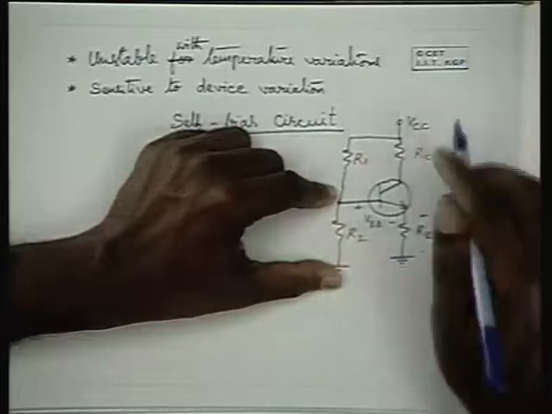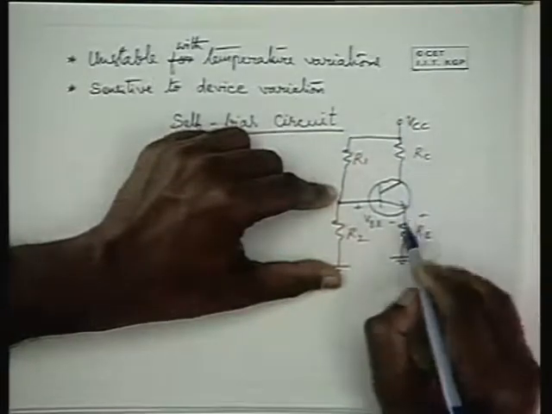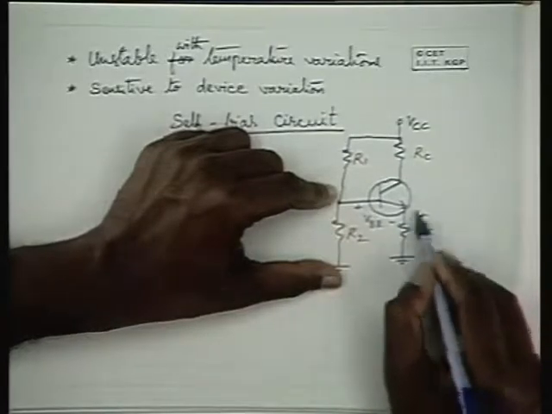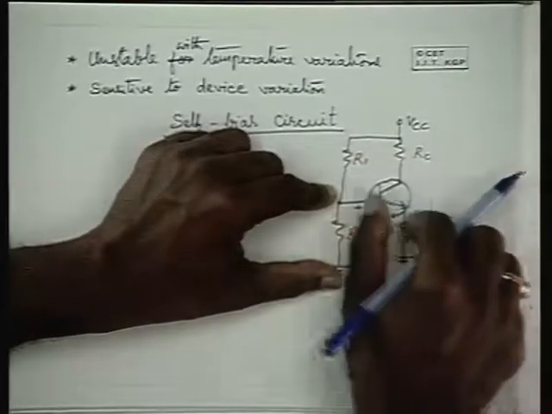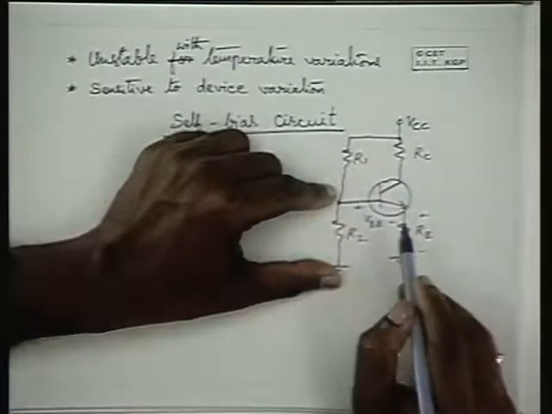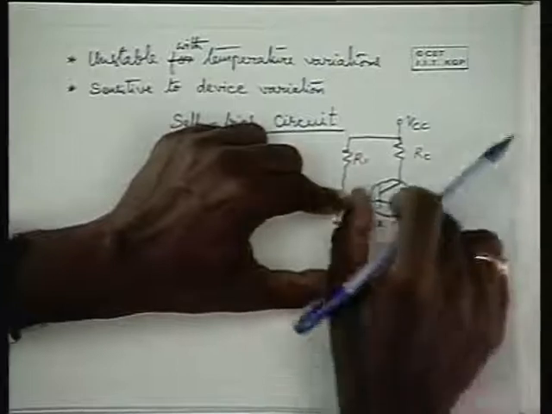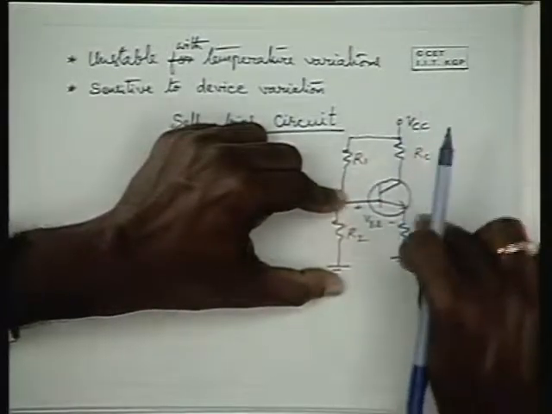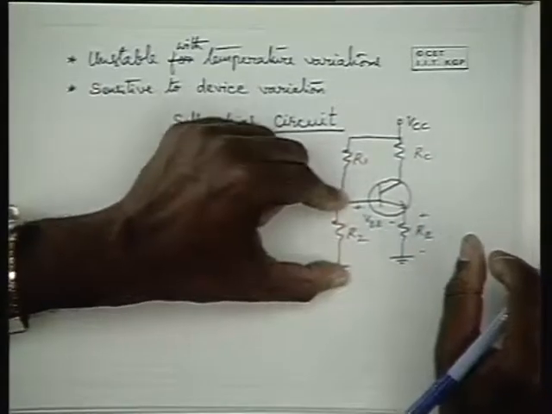This side is supplying a potential, and that potential is being shared between the base to emitter junction and the emitter resistance. Now, a tendency to increase the collector current increases the voltage drop across the emitter resistance, and this tries to reduce the base to emitter potential. Because this voltage is equal to this plus this, when one of these two tries to rise, the other one has to decrease because the input side is constant.